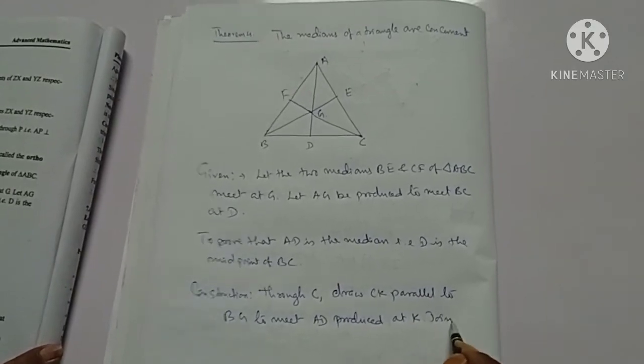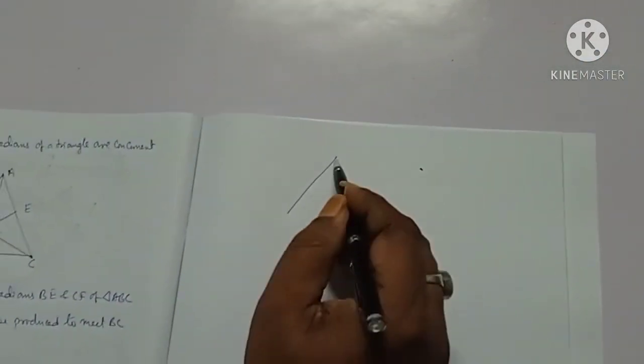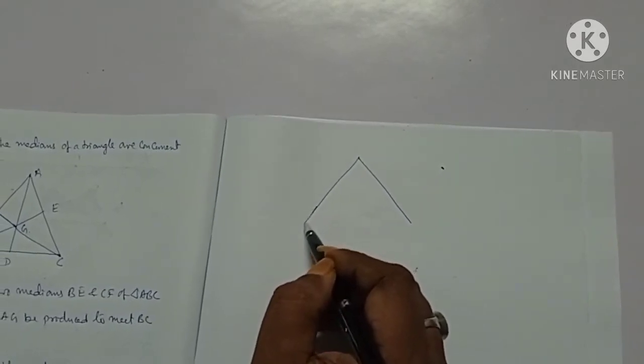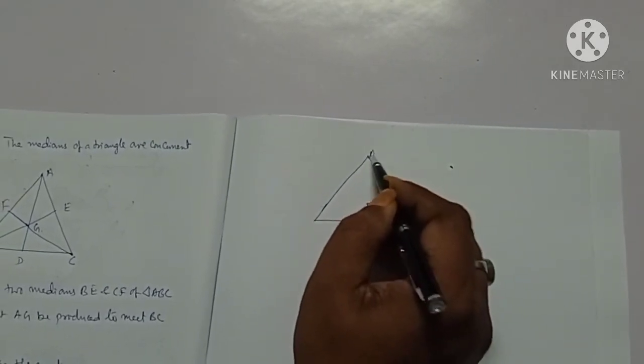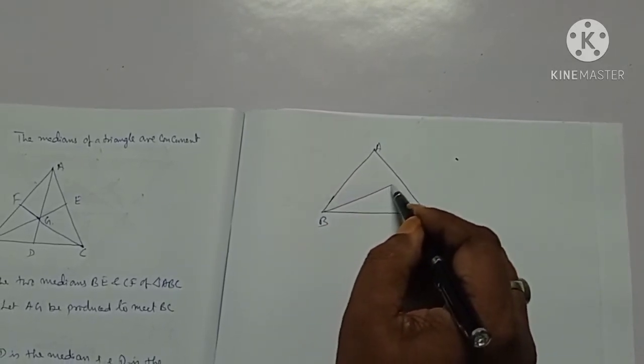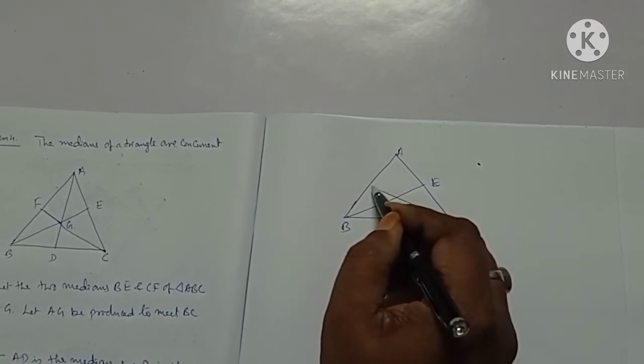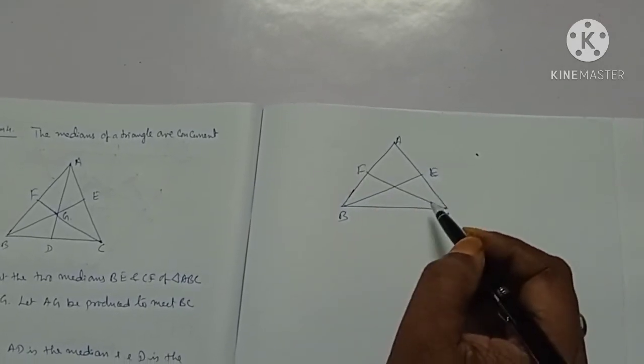Join BK. So I am drawing the figure again. See, ABC, this is a triangle. BE and CF are the medians.